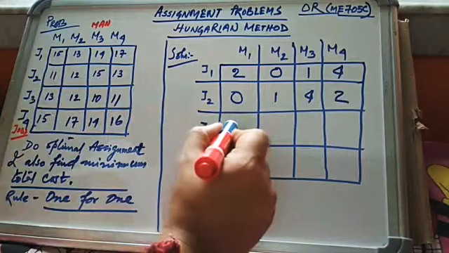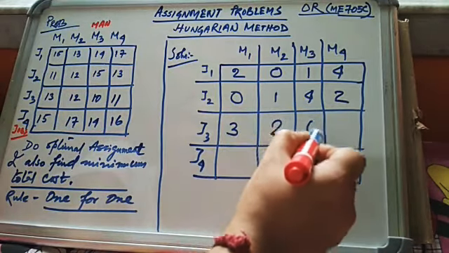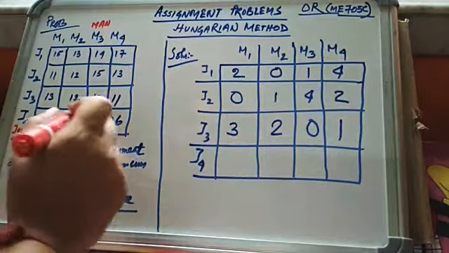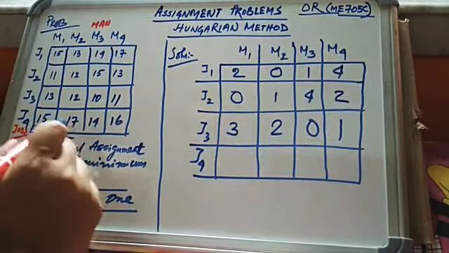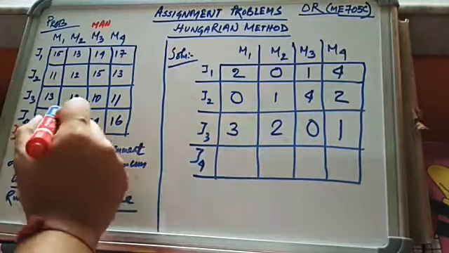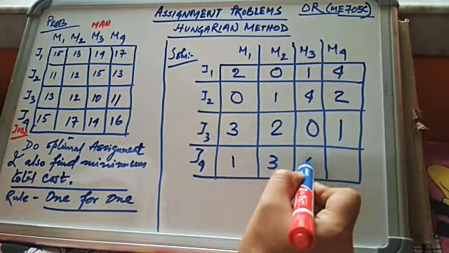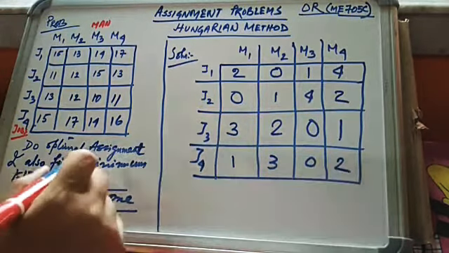So this one will be 3, this one will be 2, this one will be 0, and this one will be 1. Now coming to the last row, we have found that 14 is the least number. So let us subtract 14 from each and every cell, which gives 1, then 3, then 0, and then 2.